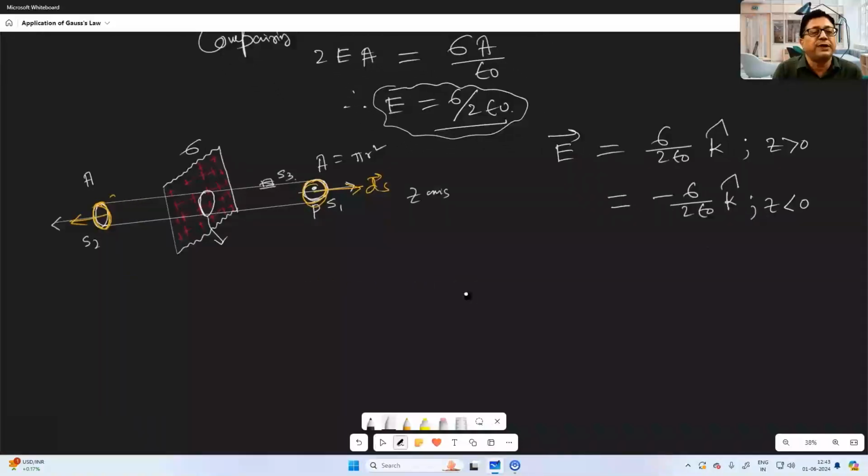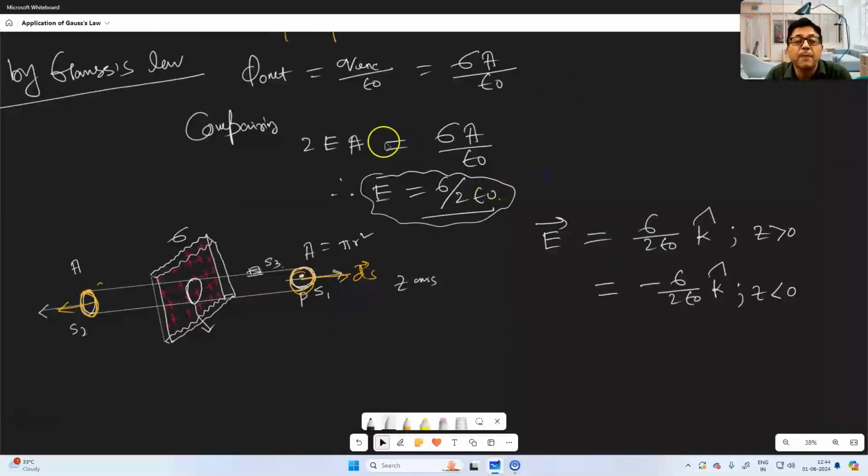Then how do you find it? This one has finite thickness. I'm just drawing it again. This one has finite thickness. Finite thickness means you have to modify this part.